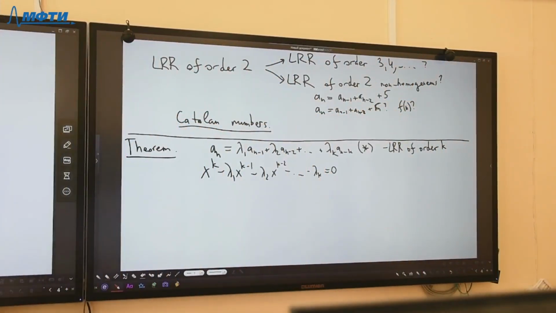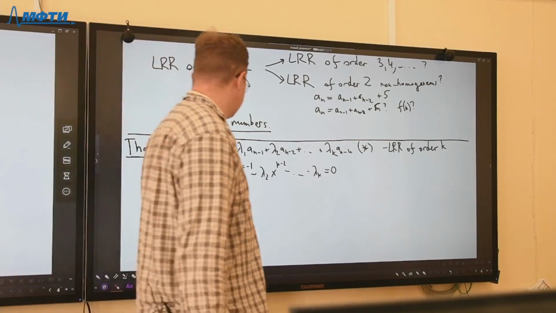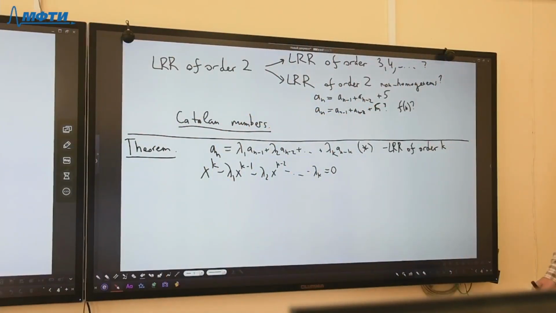And if we have multiple roots, then we can find their multiplicities.